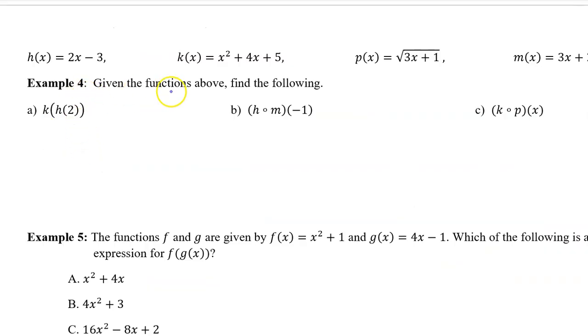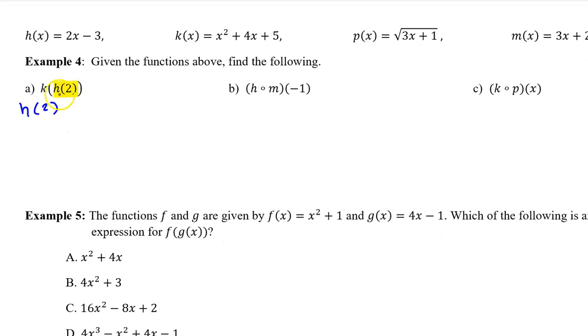Example 4. Given the functions above, find the following. Part A, k at h at 2. Let's work from the inside out. We need to find h at 2. So plugging 2 into function h gives us 2 times 2 minus 3. That's 4 minus 3, which is 1.